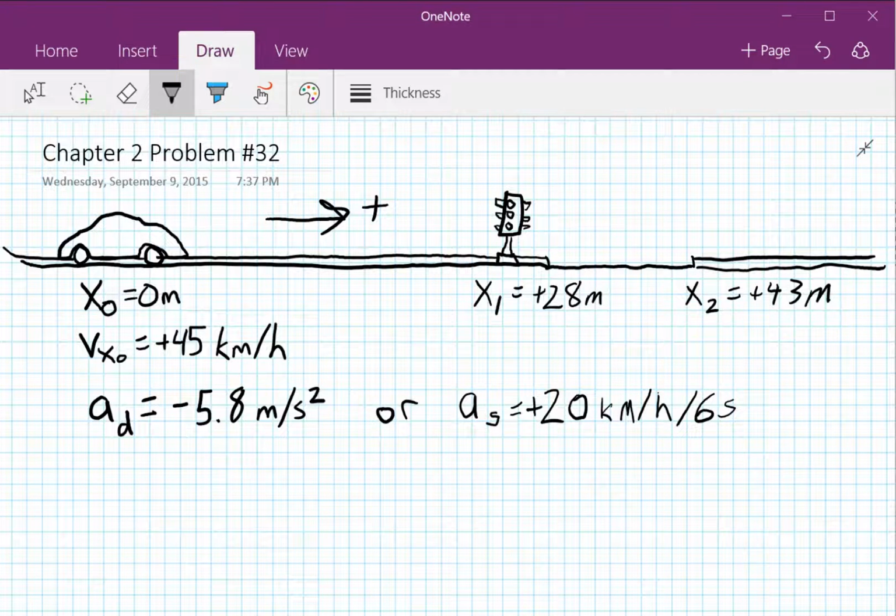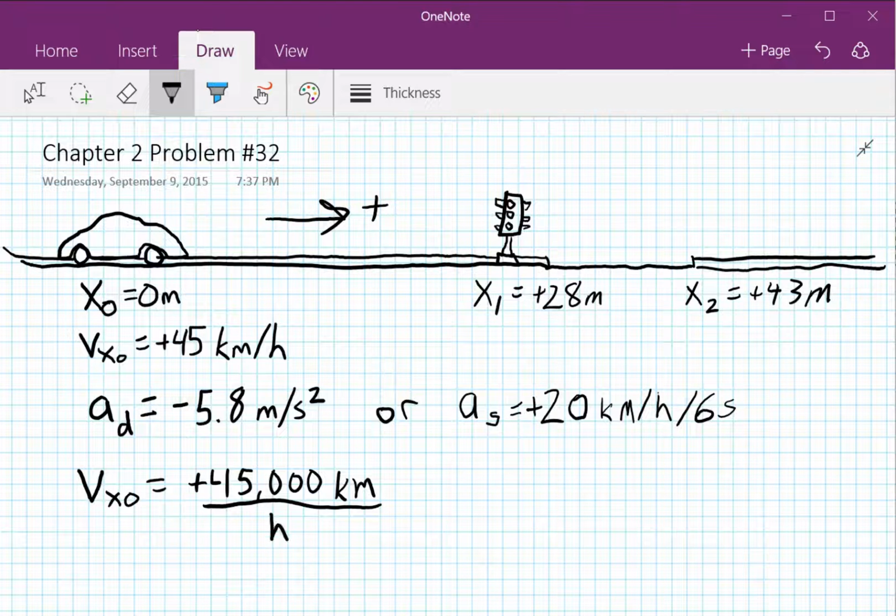But once you've done this, you need to go back and find the standard units for the variables. So we'll go ahead and convert the velocity first. So the velocity initially is going to be a positive 45,000 kilometers per hour.